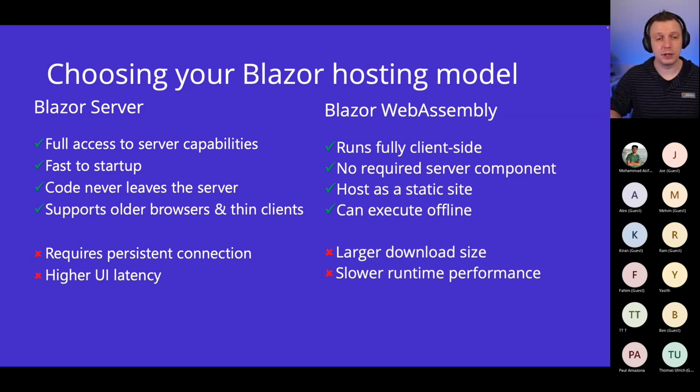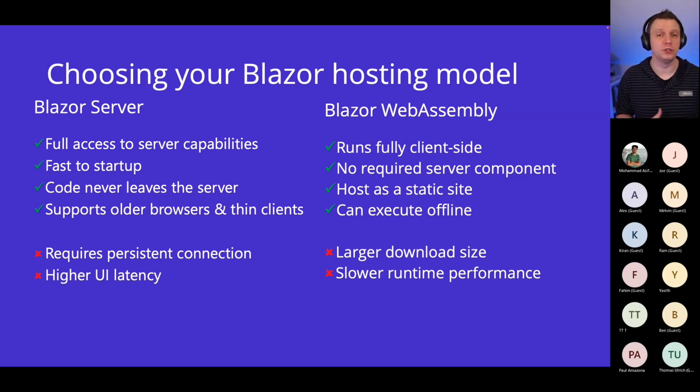For Blazor WebAssembly, I already mentioned a larger download size initially, and a little bit slower runtime performance, maybe depending on the machine that you're running on, because the machine suddenly has to do all the things, and if you're running on a not so powerful client, then it can be a little bit slower. But with Blazor WebAssembly, you can create truly offline applications or PWAs if that's what you want.